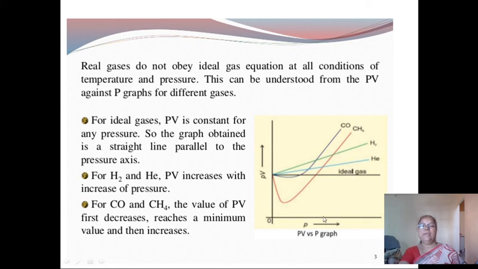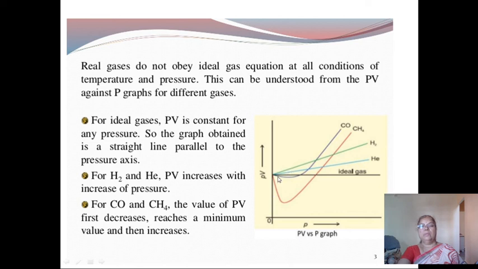This is the deviation in the behavior of ideal gas and real gases. Here in this diagram, this is the curve for CO2 gas, this is the curve for CO gas, this is the straight line above the ideal line for H2 gas, and this is for helium gas.